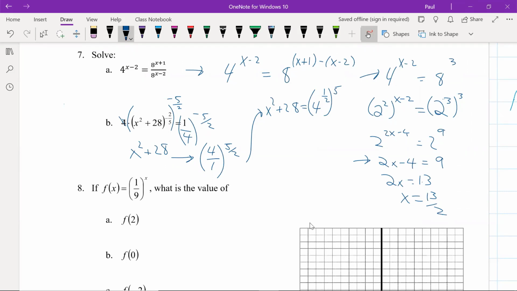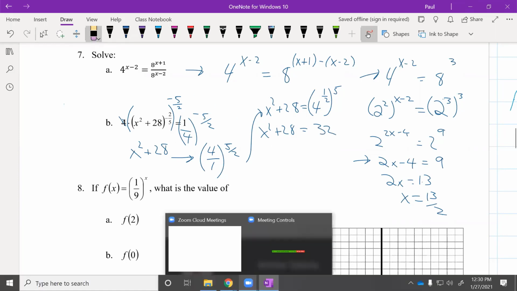Break the 5/2 into 1/2 times 5. So what's 4 to the 1/2? 2, right. And then what's 2 to the 5th? 2 times 2 times 2 times 2 times 2. That's 4, 8, 16, 32. Doubling. All right, now we're in business, right?